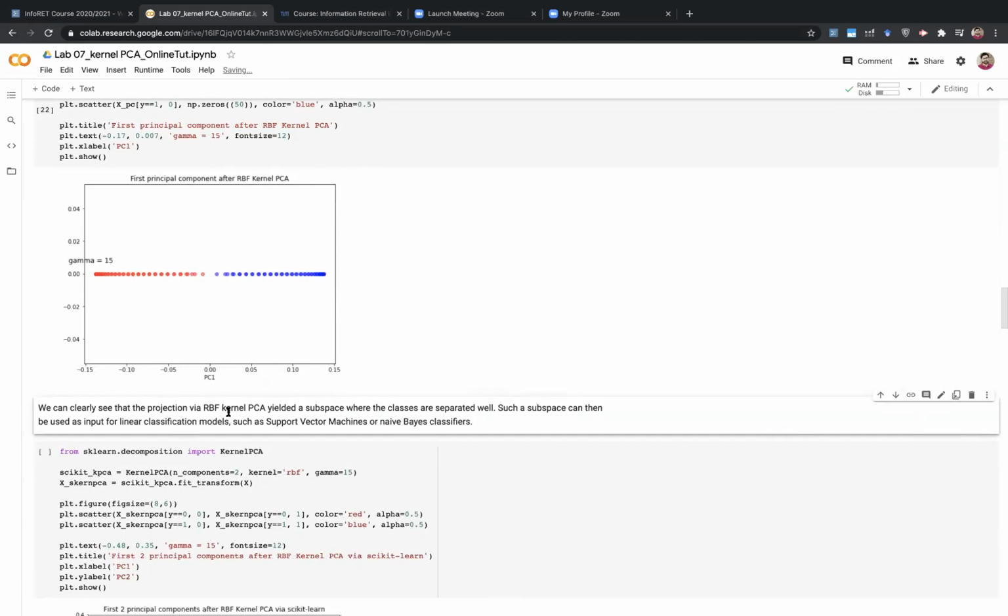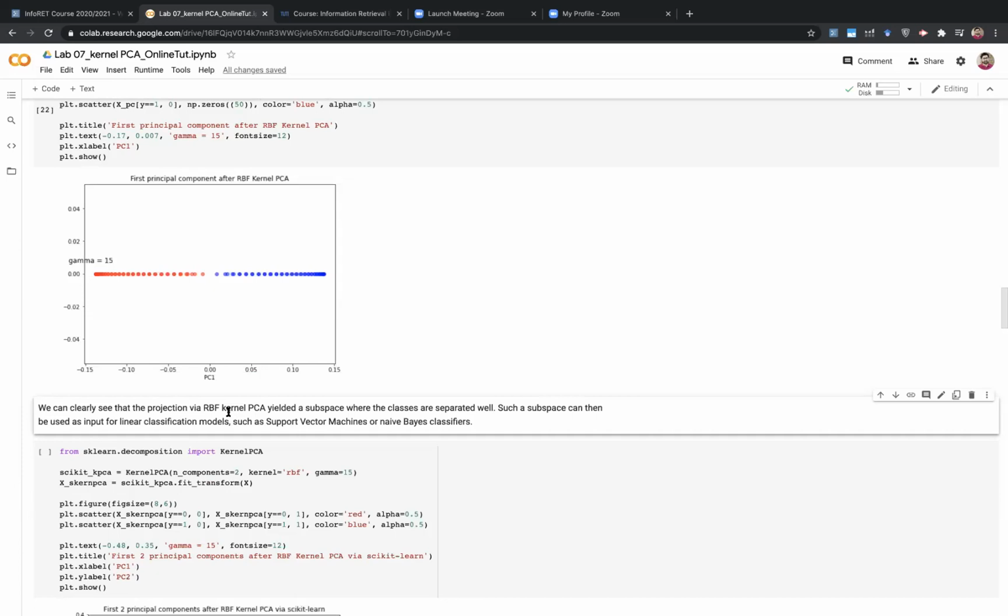Now, just a comment: we can clearly see that the projection with RBF kernel PCA yielded a subspace where the classes are separated well. Such a subspace can then be used for linear classification models such as support vector machines or naive Bayes classifiers. In practice what you need is plenty of data, because remember, PCA is not doing classification.